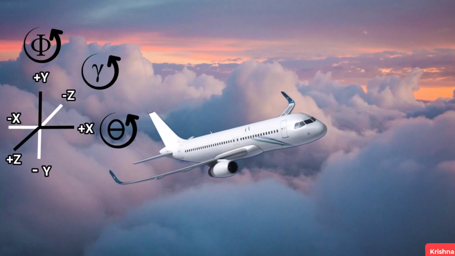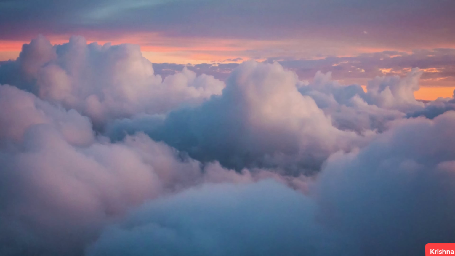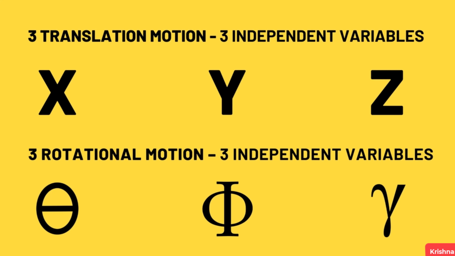So altogether, there are 3 translation motions and 3 rotational motions about the x, y and z axis respectively. The 3 translation motions have 3 independent variables x, y and z, whereas the 3 rotational motions have 3 independent variables theta, phi and gamma.